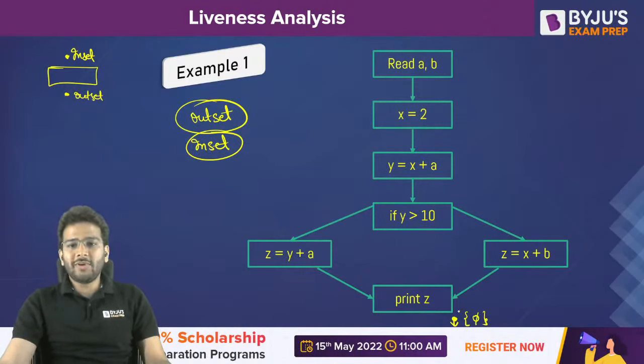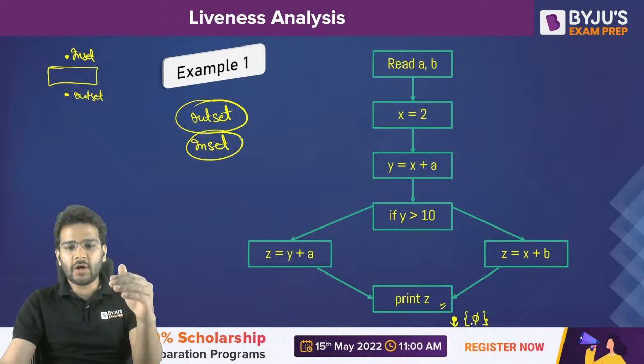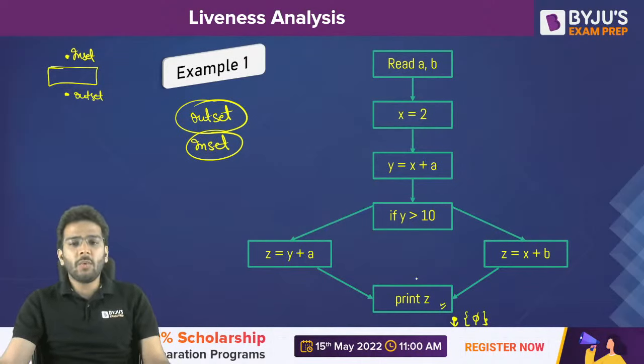So here we can say this is the outset for this statement. Here we have nothing below, so it contains 5. What about the inset? If you look downwards, we are reading Z and not writing into it first. So at this point in the program, we have Z as the live variable.